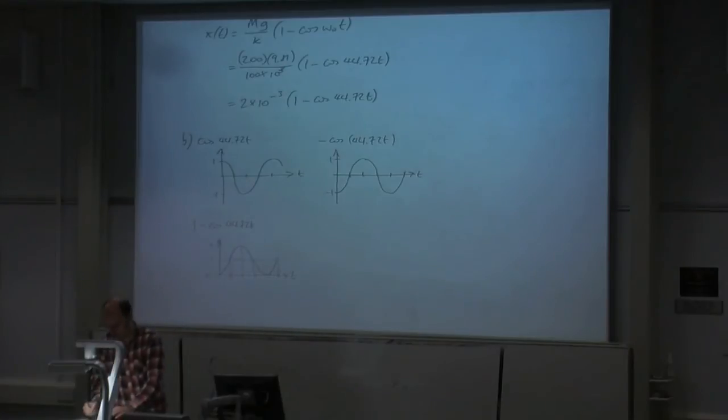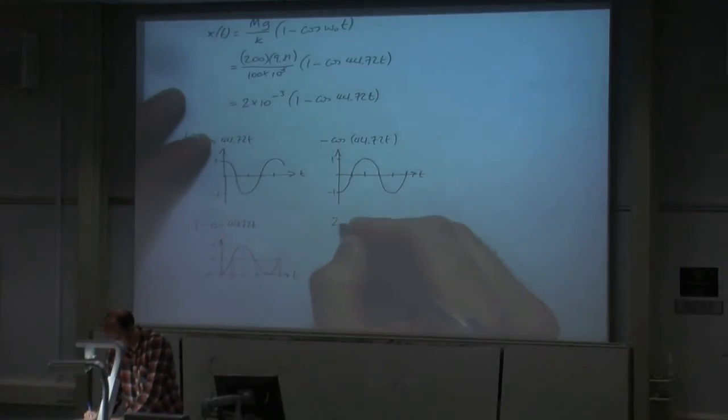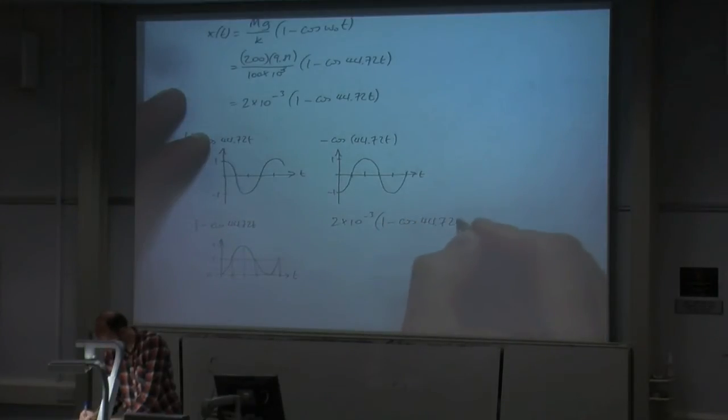And then obviously if we were to do the whole thing, 2 times 10 to the minus 3, 1 minus cosine of 44.72t, we end up with that's 2 millimeters and that's 4 millimeters.